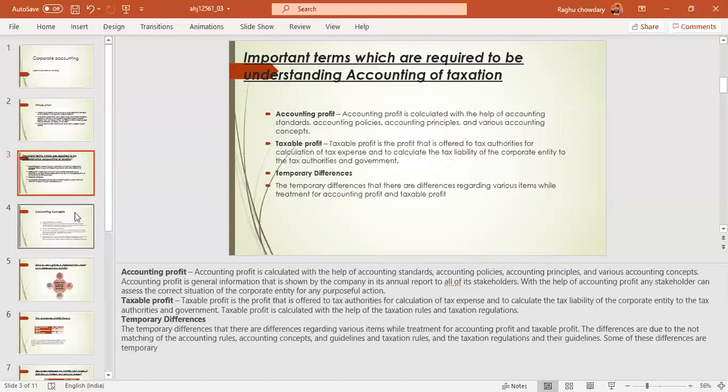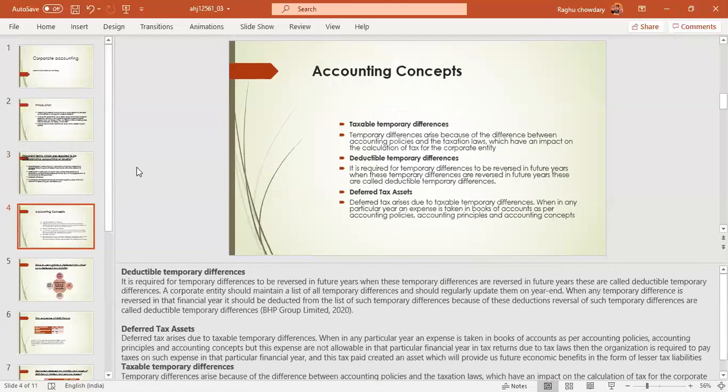And moving on to the next slide, I would like to state a few important accounting concepts. Those are deductible tax differences, deferred tax assets, and taxable temporary differences. Taxable temporary differences arise due to the difference between the accounting policies and taxation laws.